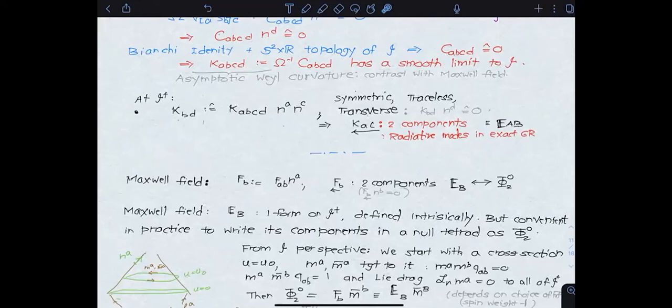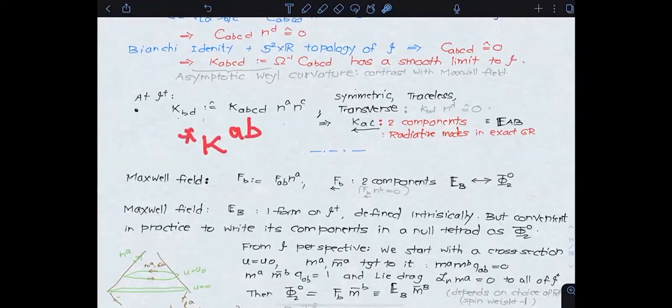I think some of the references I've given will explain this better. I'm not explaining it in full detail, because what you really have to do is take star K_AB upstairs. Let's start from scratch.